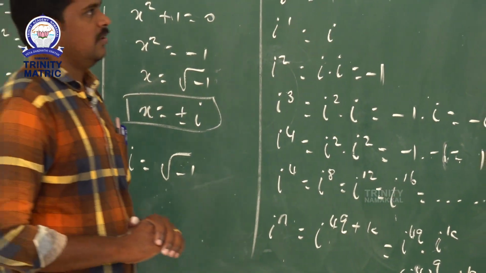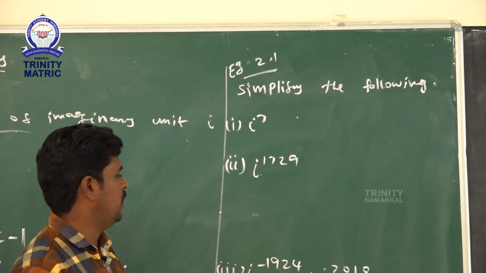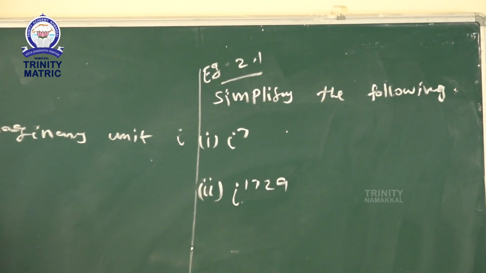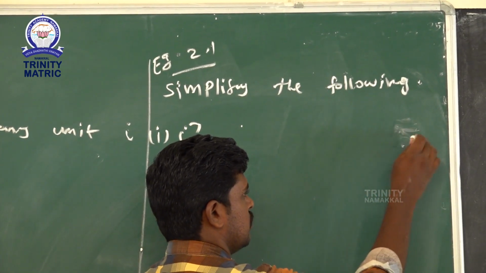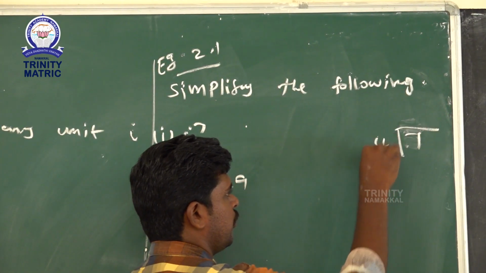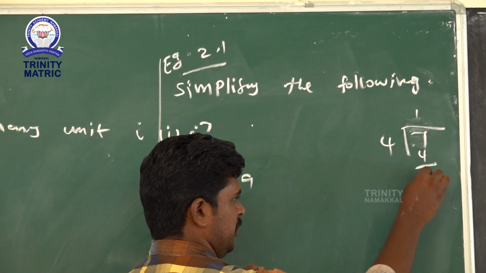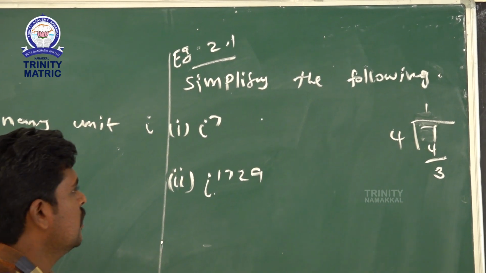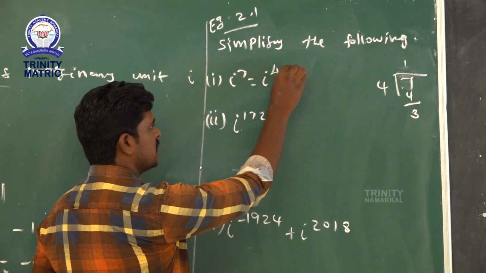We see the example. See the first example 2.1. Simplify the following. First question, i power 7. Here 7 can be divided by 4. So 1 fours are 4, remainder 3. The remainder 3 is not a multiple of 4. So separately, i power 7 can be changed to i power 4 plus 3.